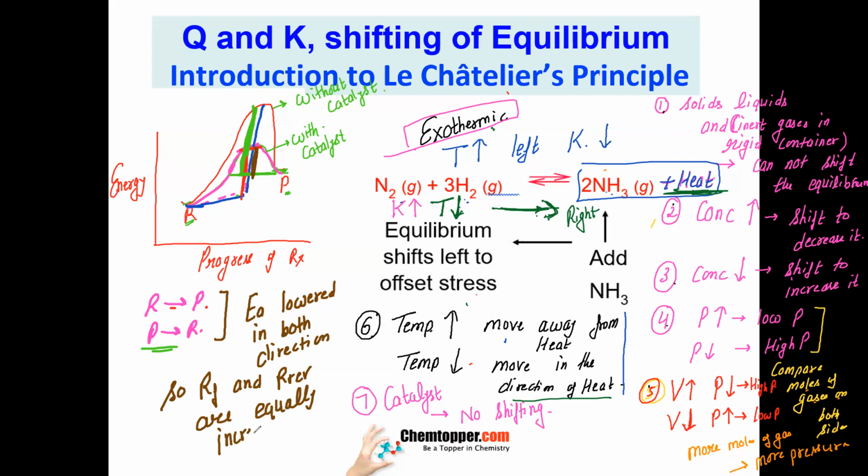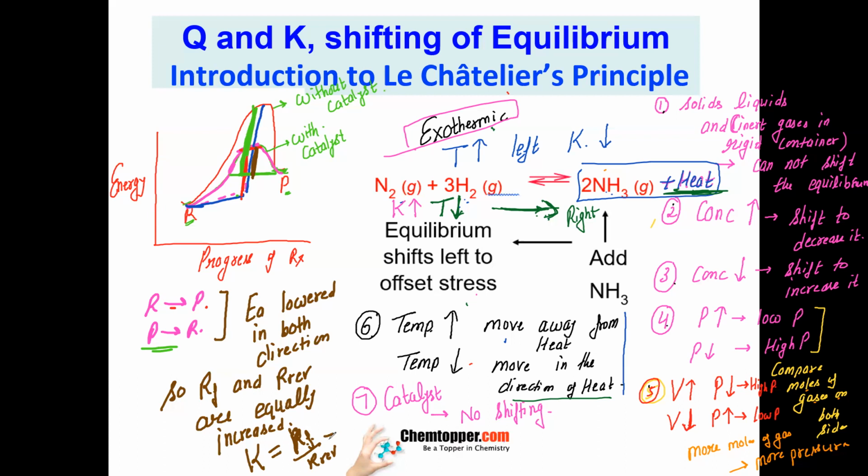Whatever amount rate of the forward direction has increased, exactly same amount the reverse direction has increased. And if you remember from the last lecture, the equilibrium constant K is the rate constant of the forward direction over rate constant of the reverse direction. But they are equally affected, so this ratio remains the same. So K remains the same.